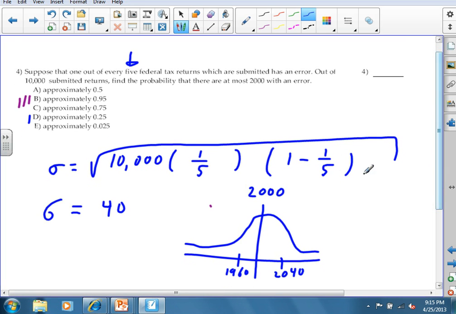At most that, so we can't have them over there. At most would be only half of them. Probability of doing that would be a half.